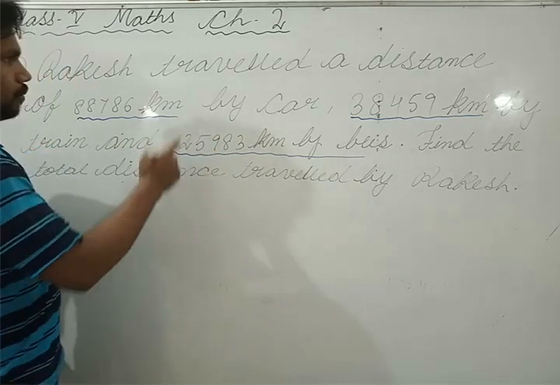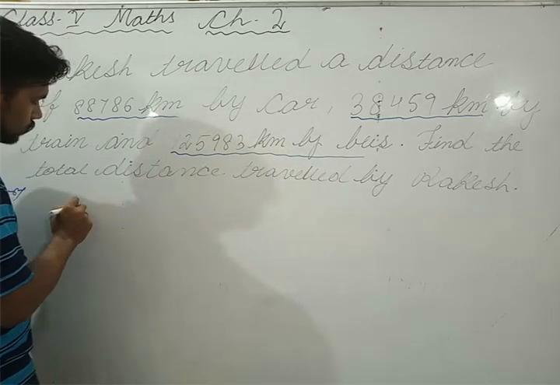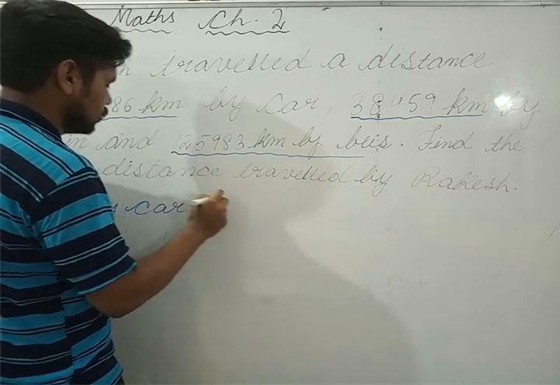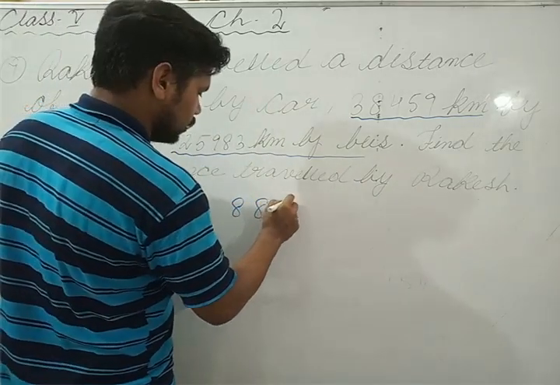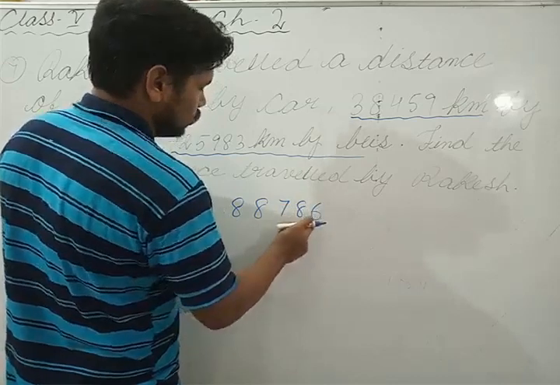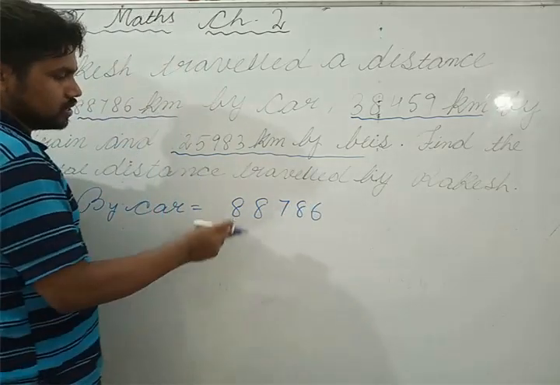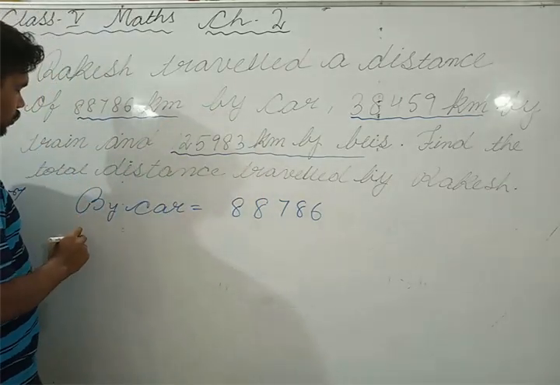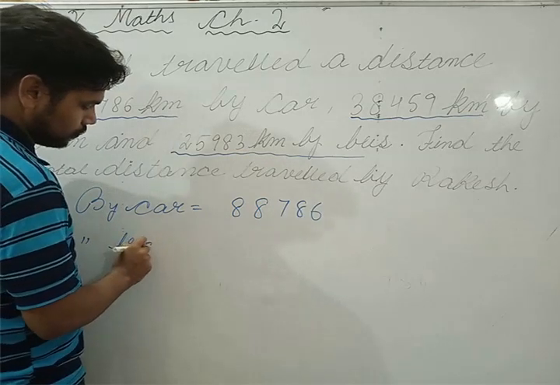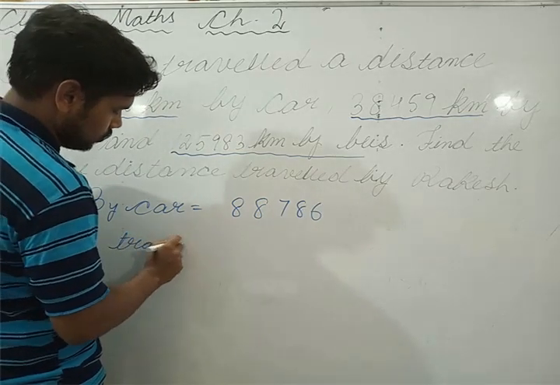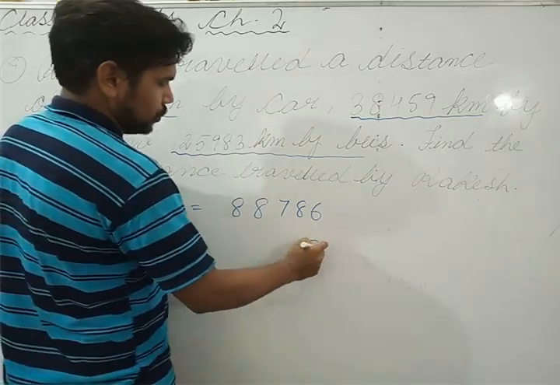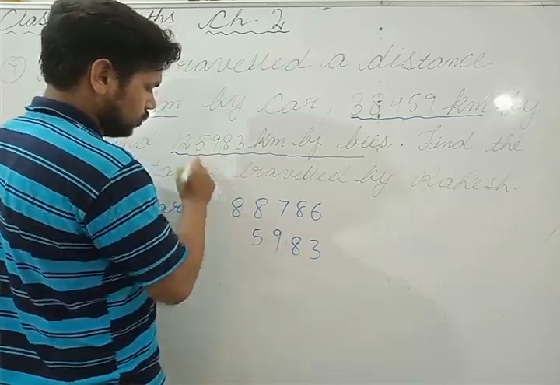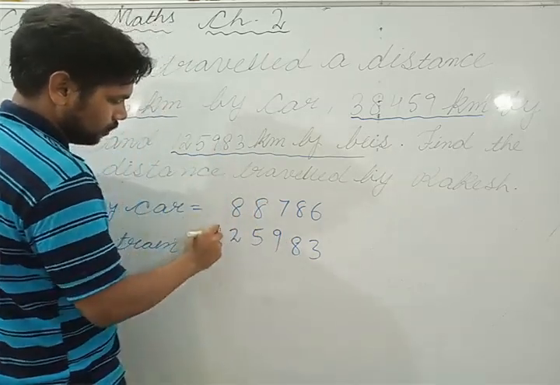So first by car, how much? 8, 8, 7, 8, 6. So 1 stands for 100 thousands. So 88,786. And then by train, how much? 3, 8, 9, 5, 2 and 1.